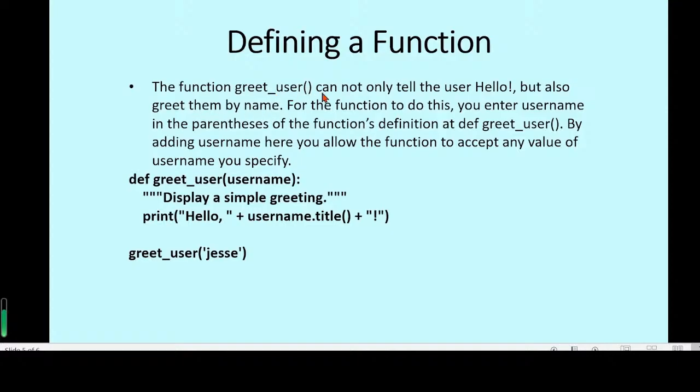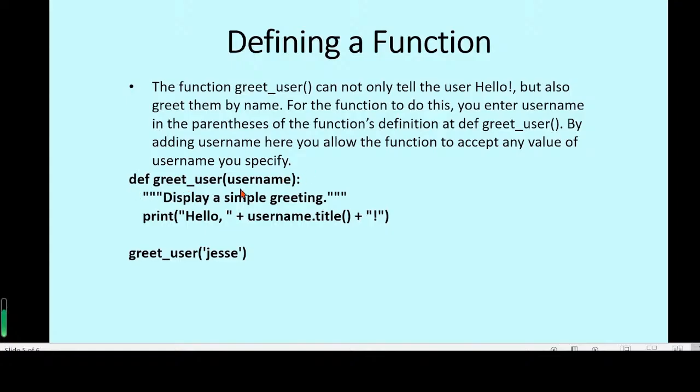The function greet_user can not only tell the user hello, but also greet them by name. For the function to do this, you enter username in the parentheses of the function's definition at def greet_user. By adding username here, you allow the function to accept any value of username you specify.